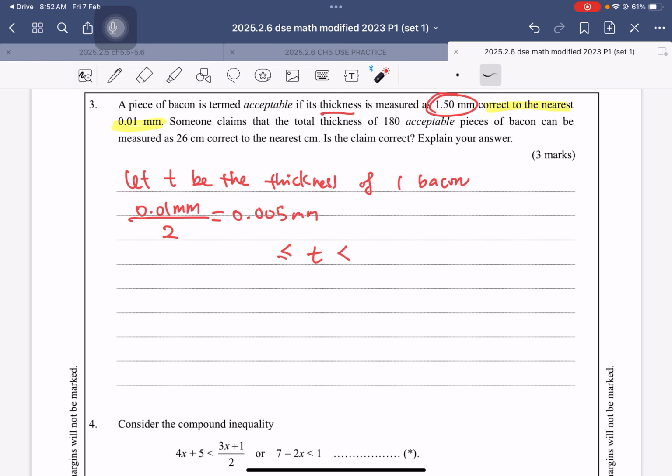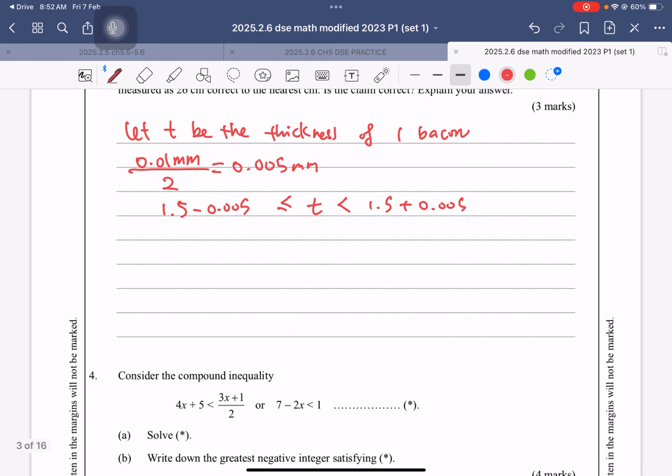So you're using 1.5 minus 0.005 and 1.5 plus 0.005. Is this clear? Okay? All understand?